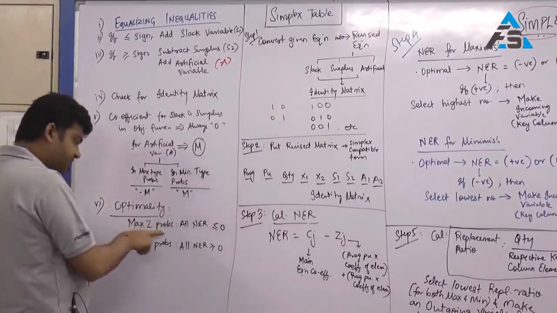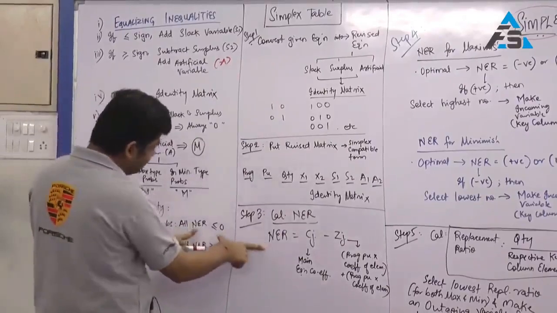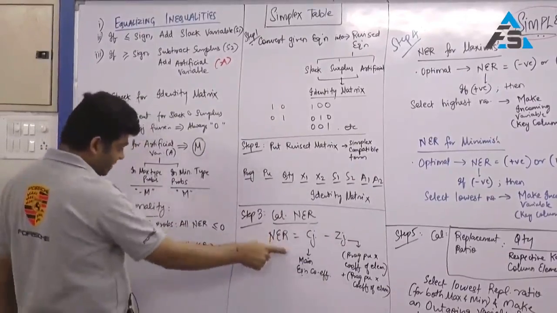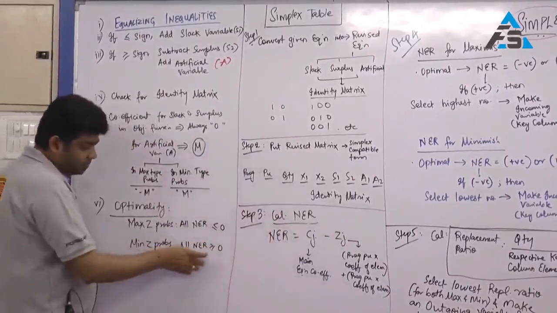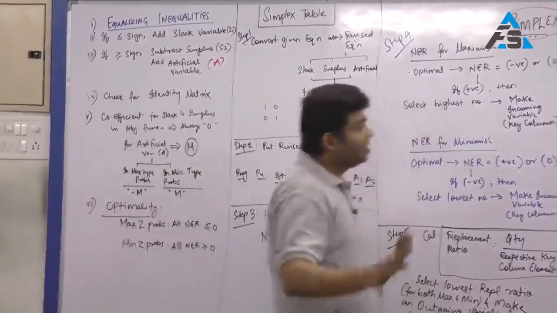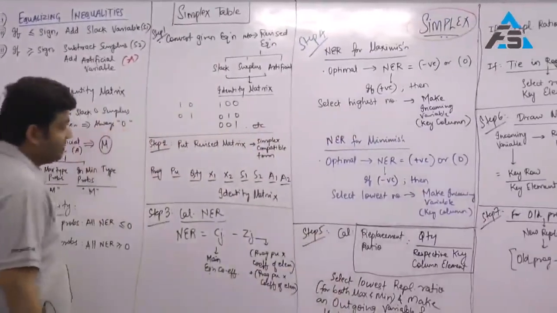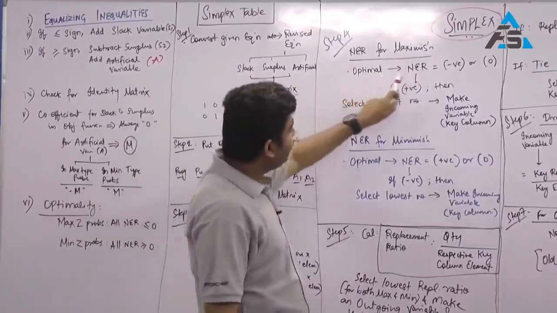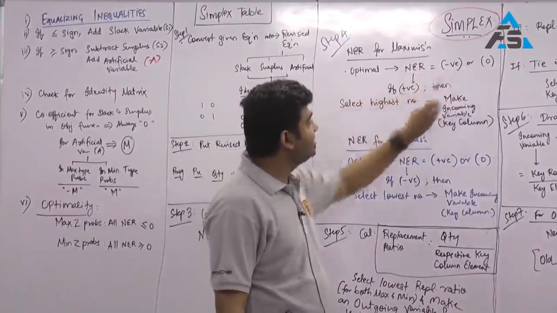So in a maximization type problem, if this NER is less than or equal to 0, then I will say I have reached optimality. If in a minimization type problem, all NER is greater than or equal to 0, we will say we have reached optimality. If we reached optimality, fair enough. But what if we do not? So NER for maximization, optimality reached when NER is negative or 0.